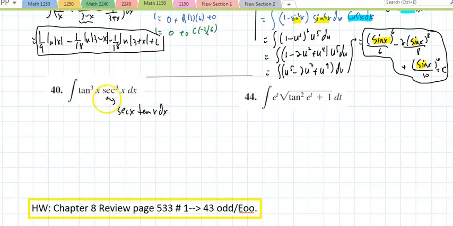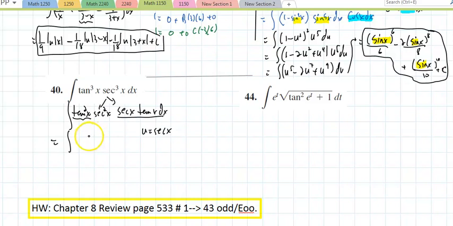That means we still have a secant squared of x, and we have a tangent squared of x. I don't like those squares. I want to make them a bit bigger. Oops, wrong place. I can't touch the angle. If this is my du, what do you take a derivative of to get secant tangent? Secant. So obviously we're going to let u equal secant of x, which means we have to get rid of that tangent.